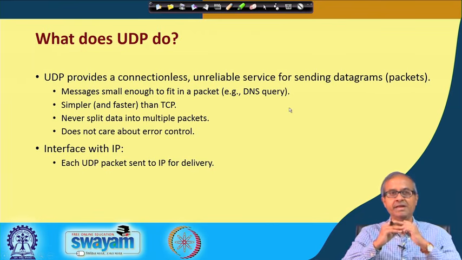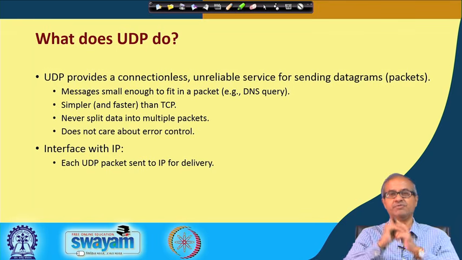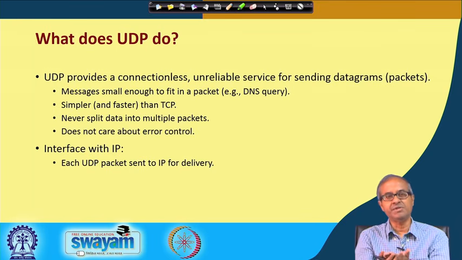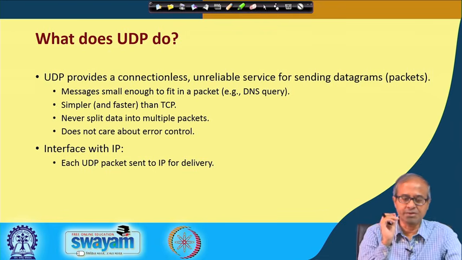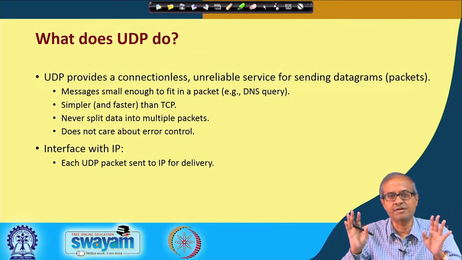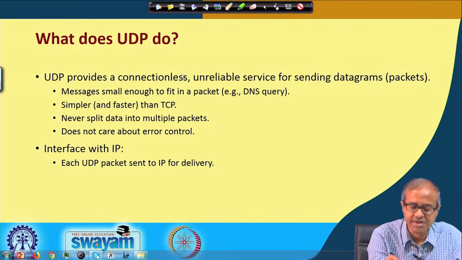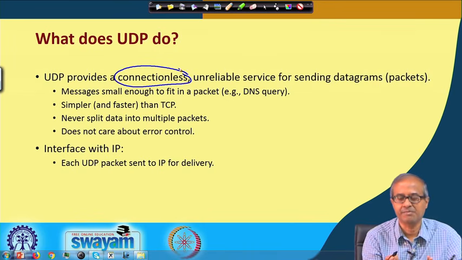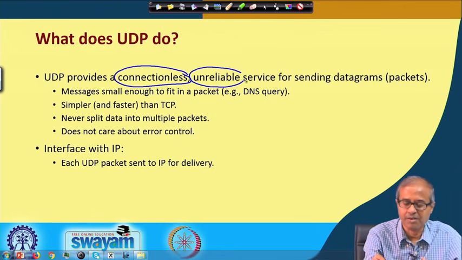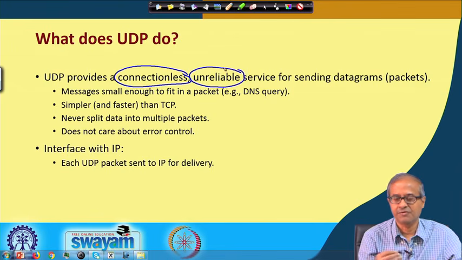Now, UDP is a simpler version of TCP, which is basically quite similar to what IP is, just a little thing extra beyond IP. You see, UDP does not provide any kind of reliable connection. So, what UDP provides is a connectionless, unreliable service, just like a datagram, for sending datagrams.